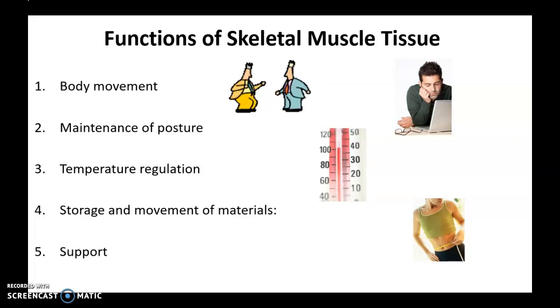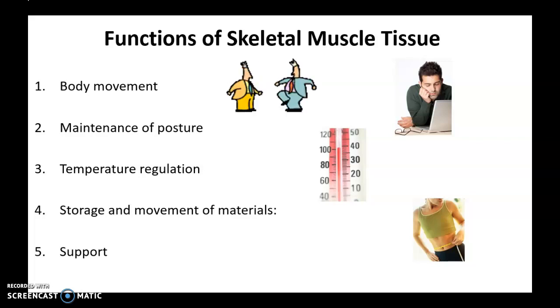You feel warmer because heat is produced by the breaking down of energy, and that happens because the muscles are working out. So as we work out our muscles, energy is broken down to release heat, which keeps our normal body temperature. Likewise, you shiver when you are cold because your muscles are contracting and relaxing to produce heat. So that's why we shiver.